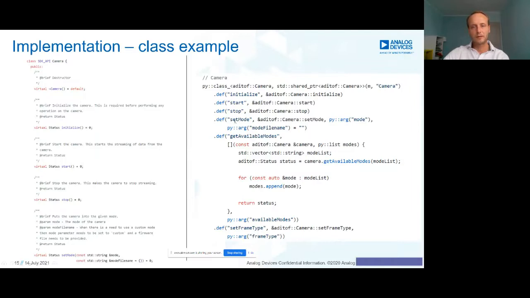But again, very simple. It's basically just 2 lines of code, or maybe just 1 line of code, just because of formatting. And another more complicated function is get available modes, which returns a vector of strings, which is the modes that the camera supports.